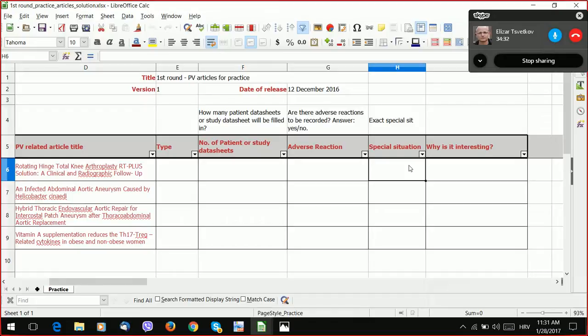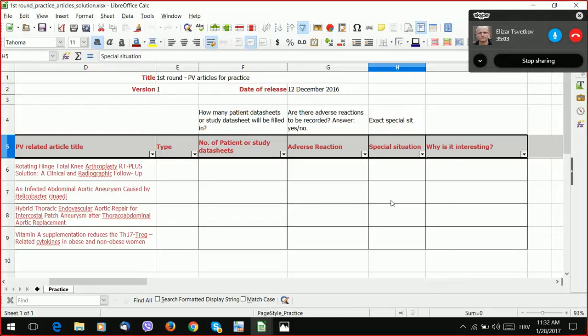And if you find an article to be not PV related, we also ask you, please fill in all these fields just for the sake of practice. So even though you know that you would not record this article in the Confit software, still fill in number of patient or study data sheets, adverse reactions, special situations, just so you practice.